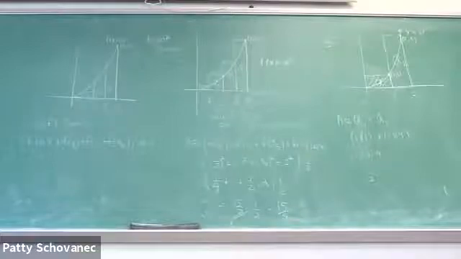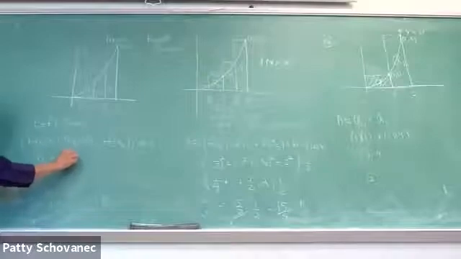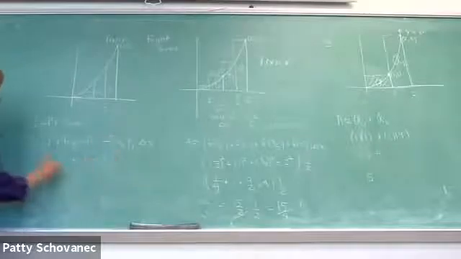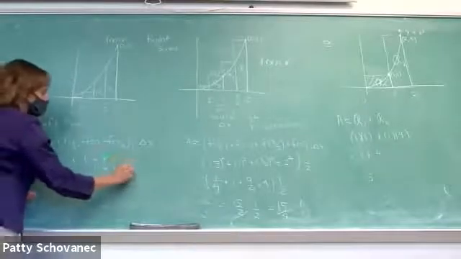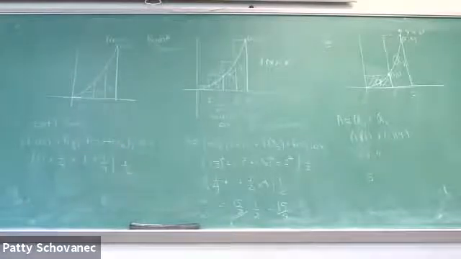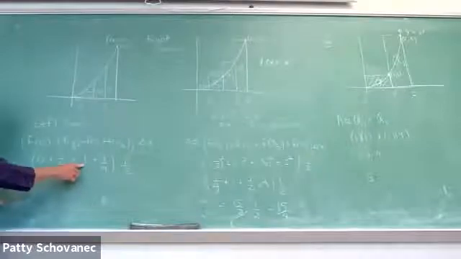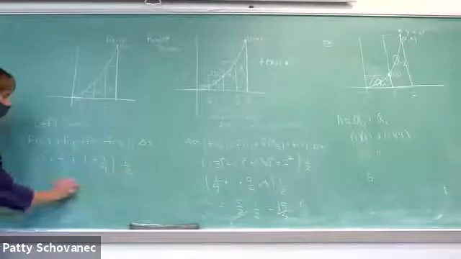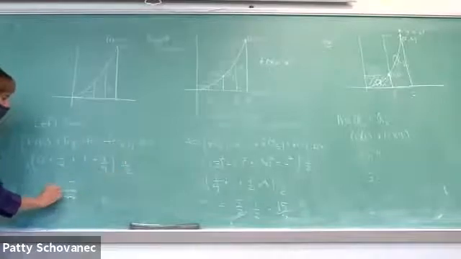Where f of 0 is 0 squared. 1/2 squared was 1/4. 1 squared was 1. 3/2 squared is 9/4. And the delta x is 1/2. So this particular left sum gives me 10/4, which we said was 5/2, plus 2/2 is 7/2. Multiplied by that is 7/4.